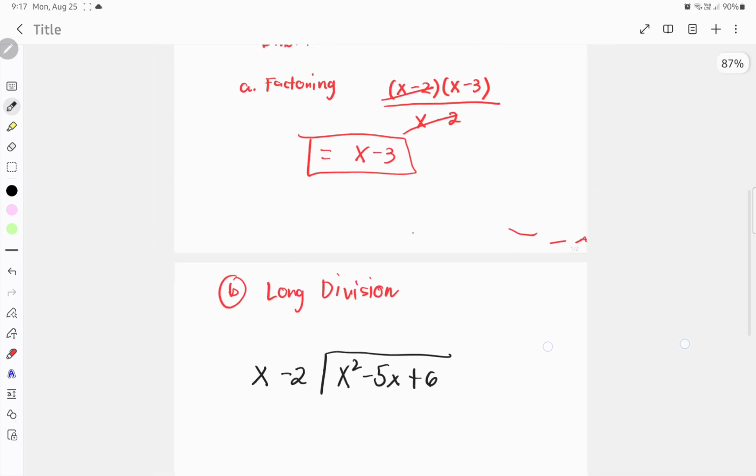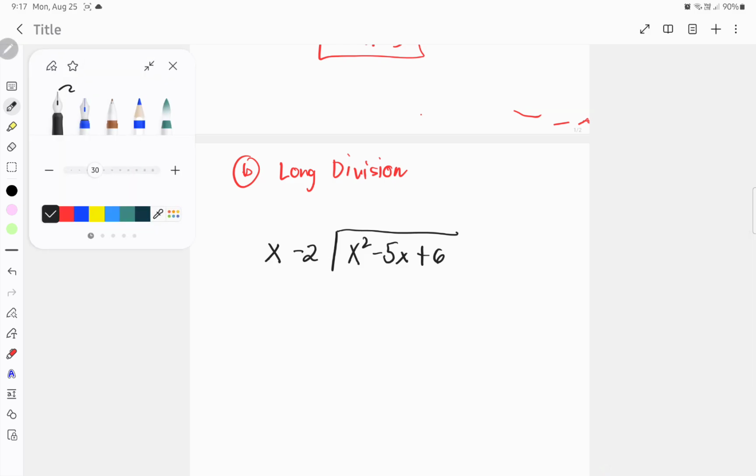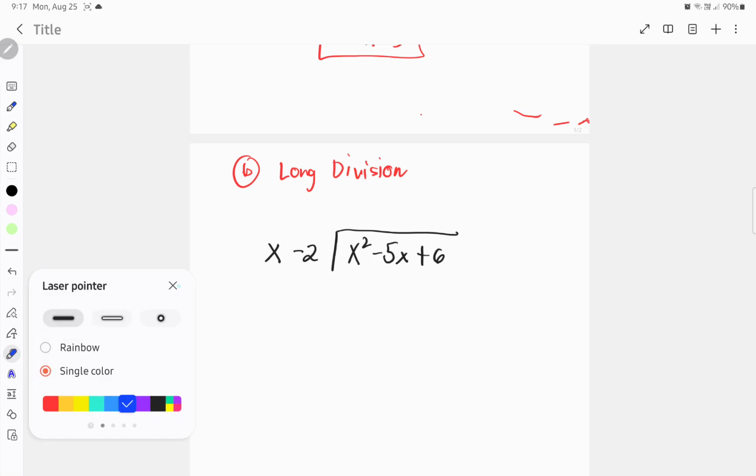Now, when doing that, you do it one at a time. So there's a lot of process that we're working. Let me use now blue.